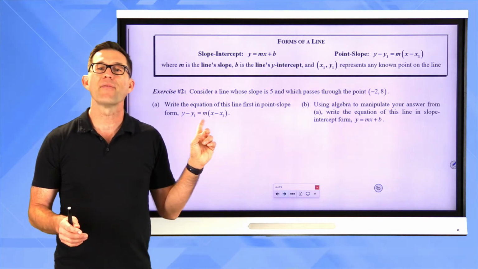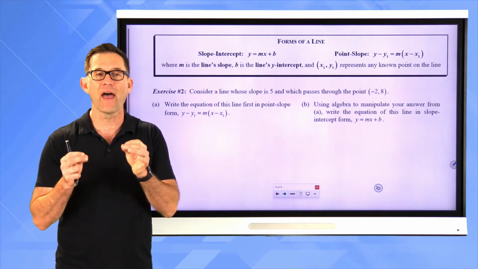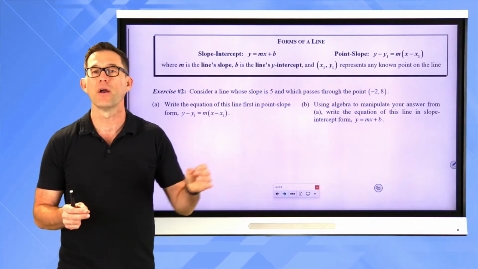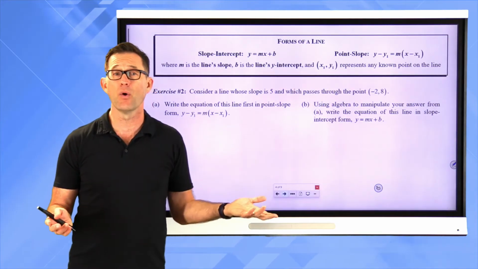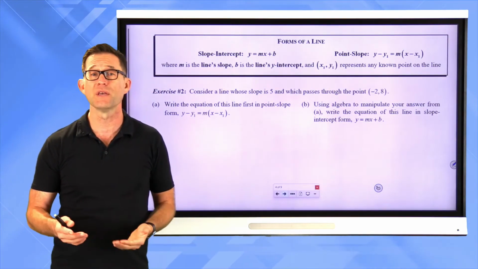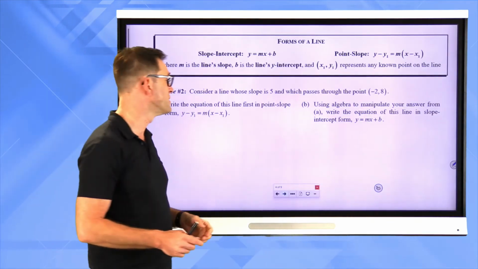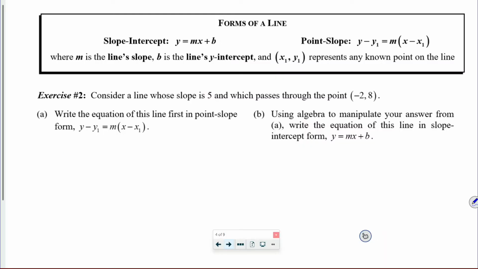The x1 and the y1 are specific x-y coordinate pair that you are given. And sometimes you know more than one pair and you can use either one of them. This should be very easy though. All I have to do is just do y minus 8 is equal to 5 times x minus -2.